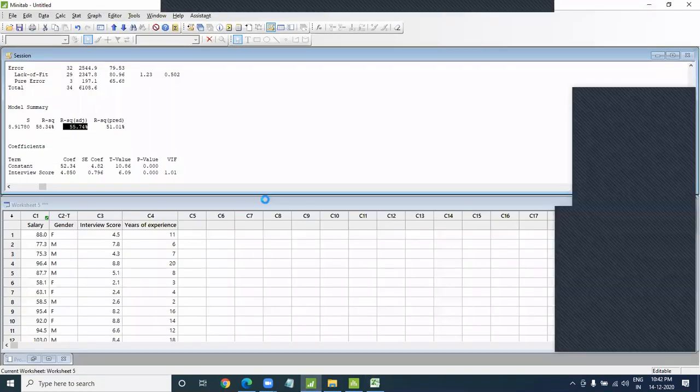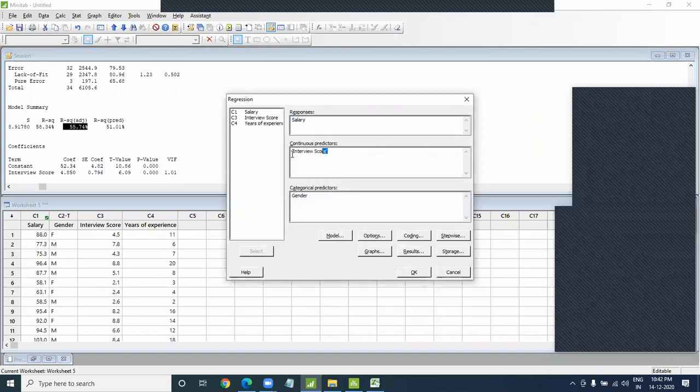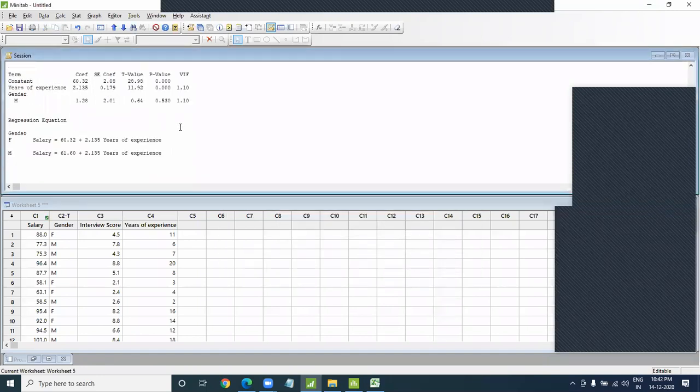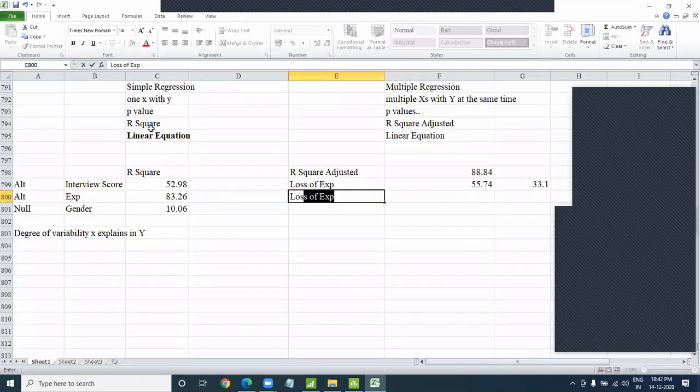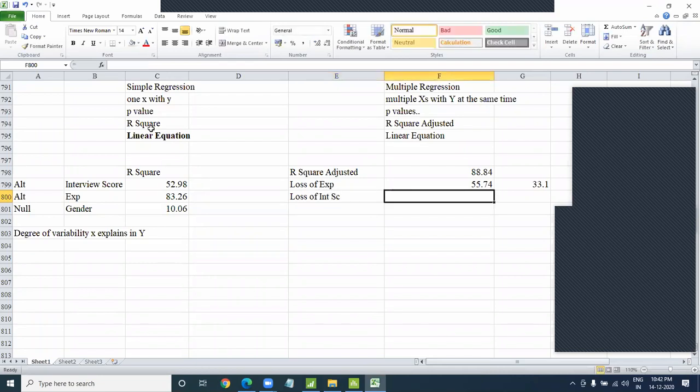Let's get the experience back and remove the score. See how much we lose because of score, in the overall decisioning when it's happening on the salary. 82.43 is what we get down to. So the loss of interview score is 82.43.